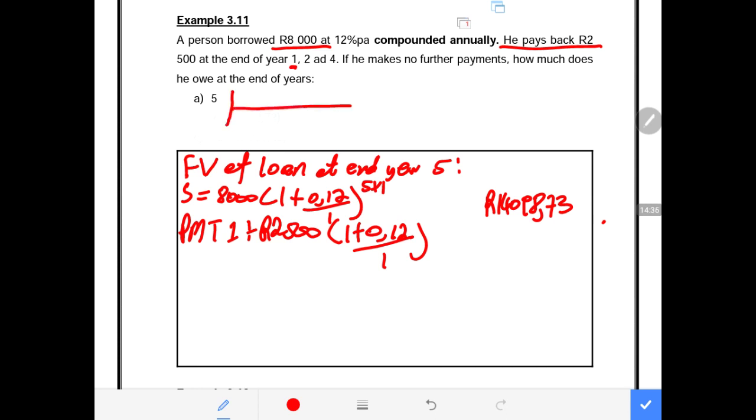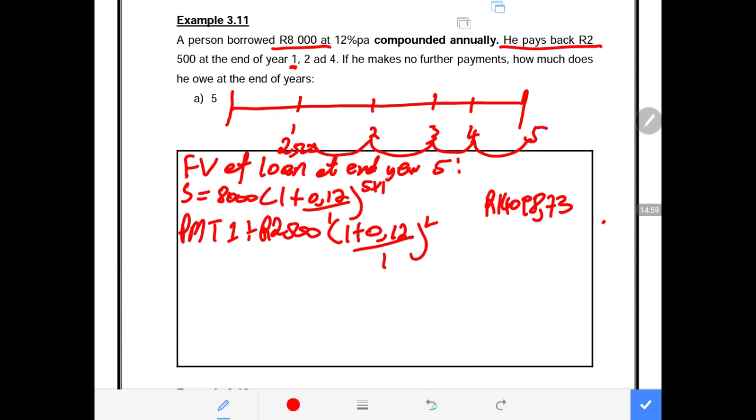That means if we draw our line and we have year 5, this is year 1, this is year 2, this is year 3, this is year 4. That means the 2.5 payment here will be 1, 2, 3, 4, so our n becomes 4 for the first payment.